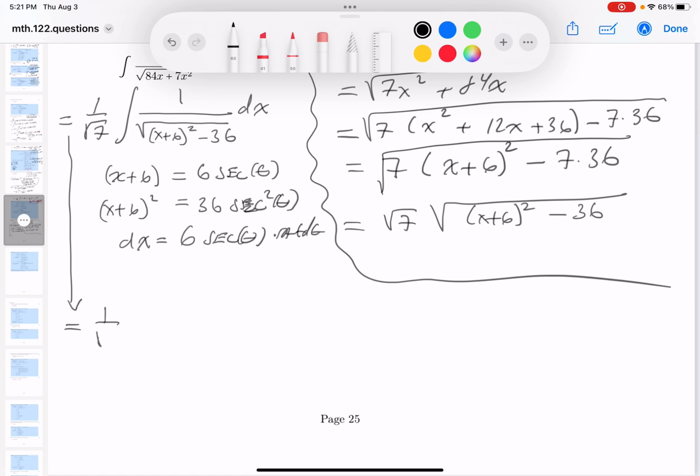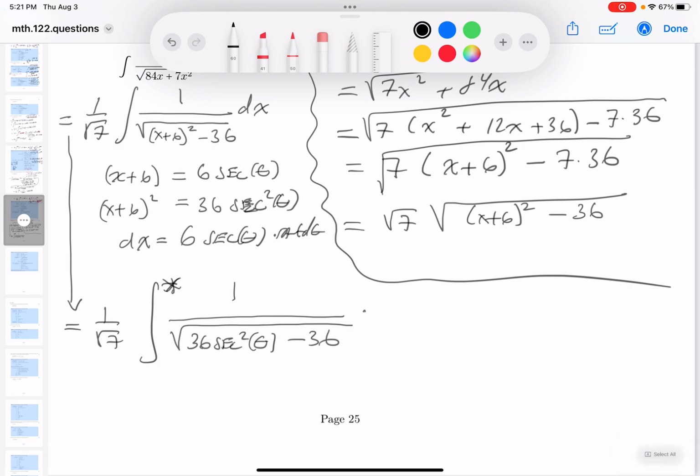1 over root 7. I'm making a substitution that I do believe is going to work out pretty nicely. 1 over 36 secant squared theta minus 36, and then I do times the dx, which is 6 secant theta tangent theta d theta.